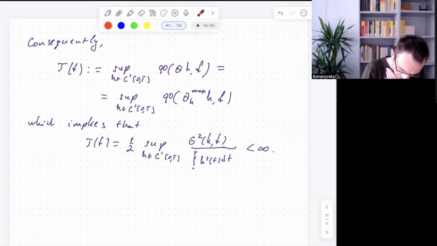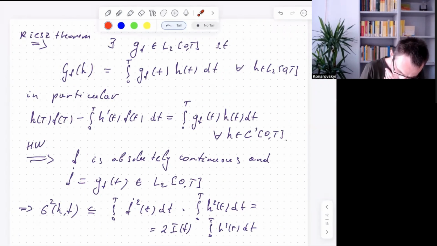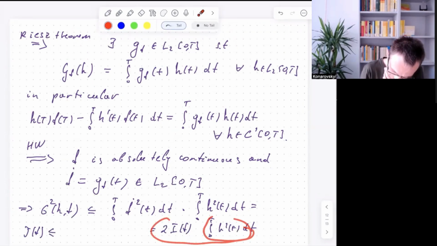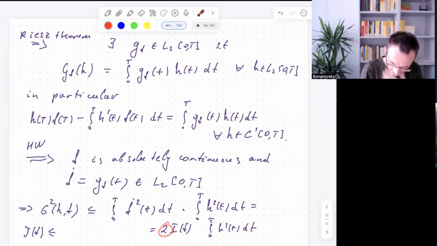So from this inequality, g of f is less or equal, and then you divide by that integral, divide by 2 also, and compute the supremum.